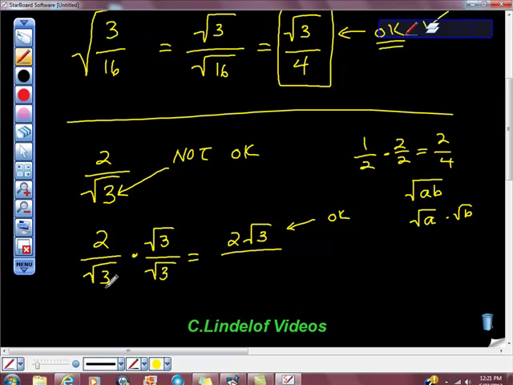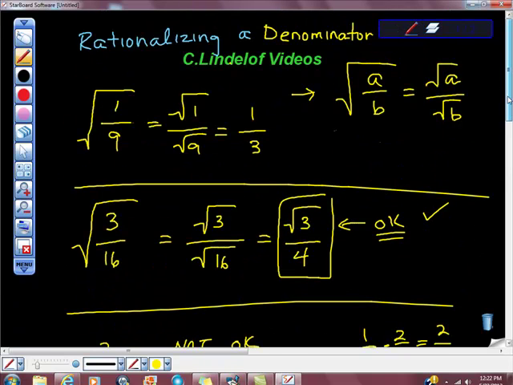So 3 times 3 is 9. So square root of 9. Well, what's the square root of 9? It's 3. And now this is also okay because there's no radical in the denominator. So the question is, when do I rationalize denominators? Not just how do I do that. And this is how you would do that. There are more difficult cases which I can show you, but I just want to be clear about it.